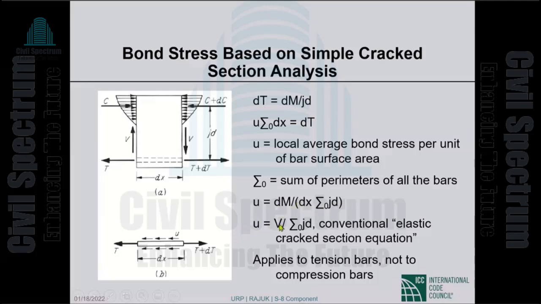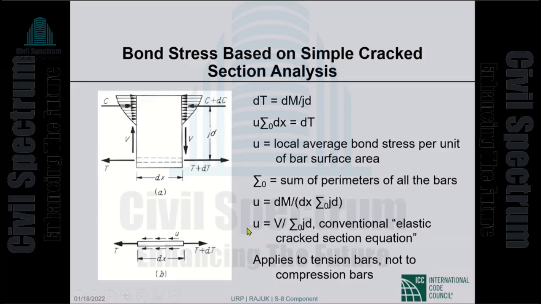Remember from yesterday, shear is the differential of moment. So U is V divided by sigma sub 0 and the lever arm jd. This is the conventional elastic cracked section equation. In the days of working stress design, everybody was familiar with this expression.